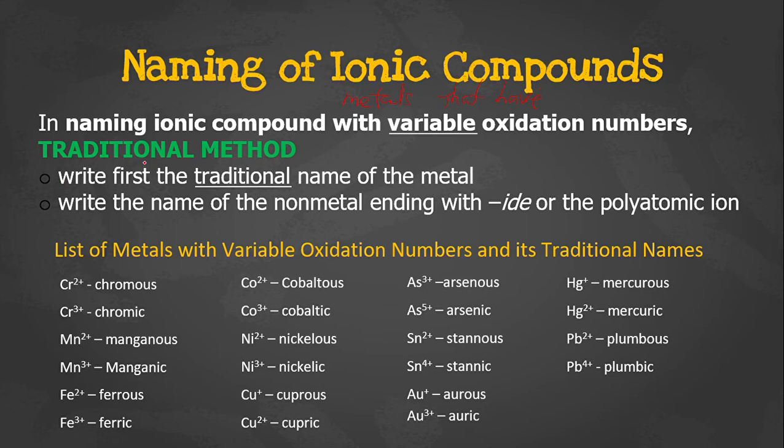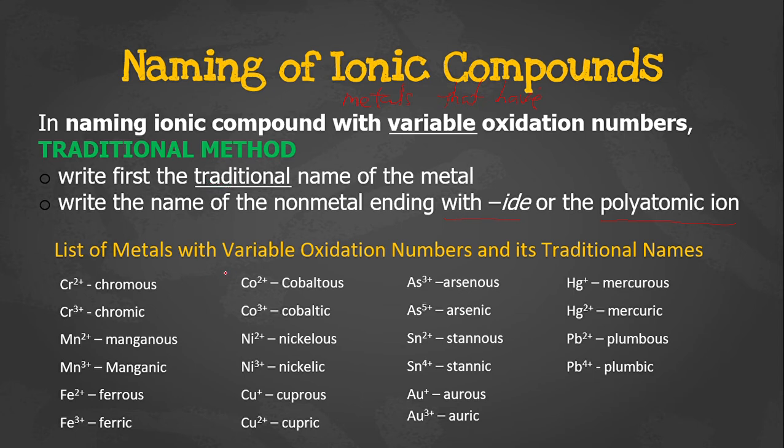For the traditional method, first we write the traditional name of the metal depending on the charge of the metal, and then we write the name of the non-metal ending with IDE or polyatomic ion. So, papagsamahin natin yung unang dalawang na-discuss natin na set of rules.